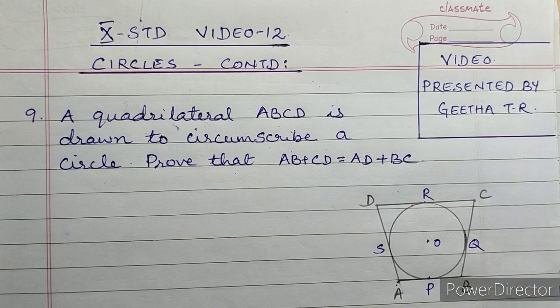Similar to the diagram we have always been drawing, external point A, one tangent like this, another tangent like this. AP is one tangent, AS is the other tangent.